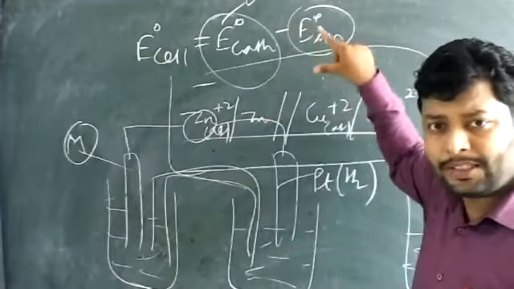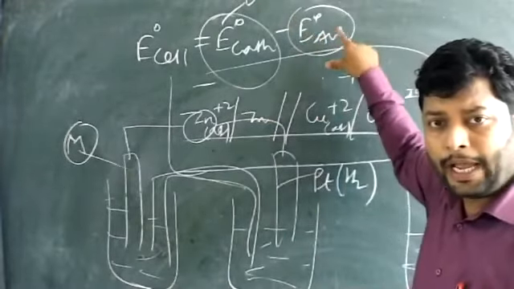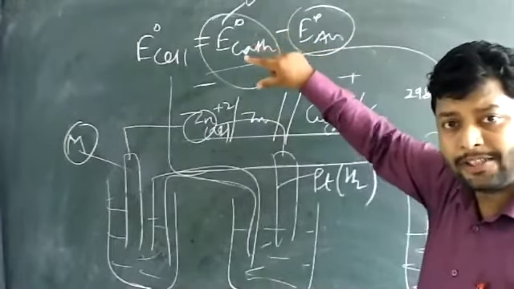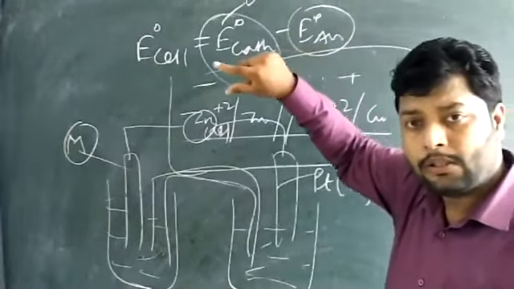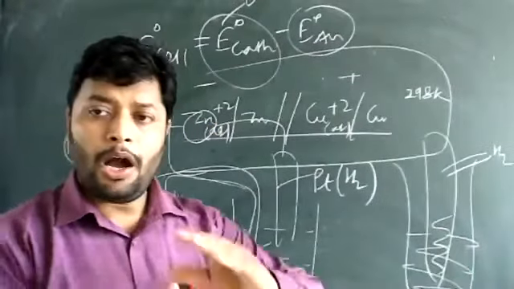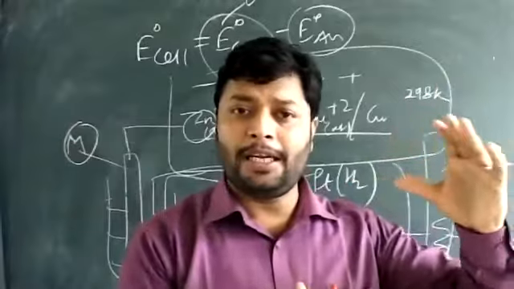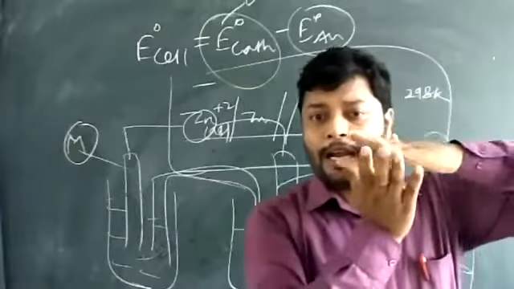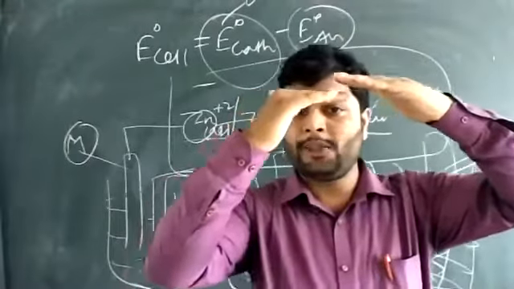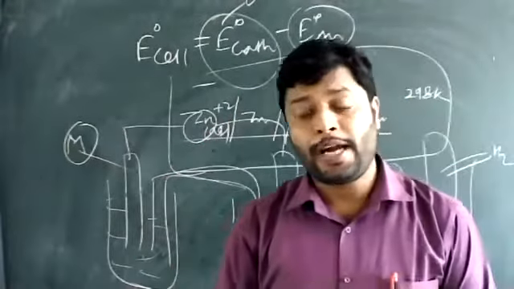There will be only a difference of sign. Anode always acts as negative, cathode always acts as positive. So according to the sign convention, all those electrode potentials with a positive sign can be placed above the hydrogen, and all those having a negative sign can be placed below the hydrogen.